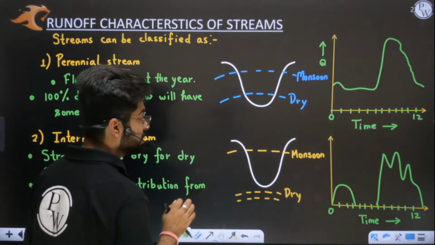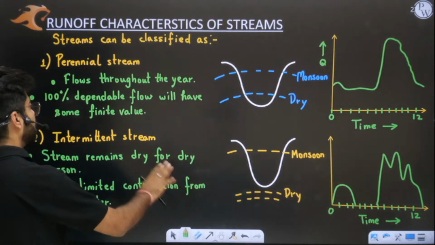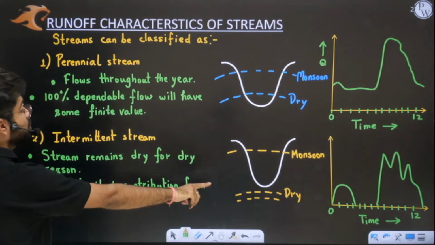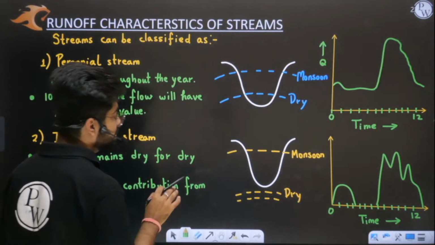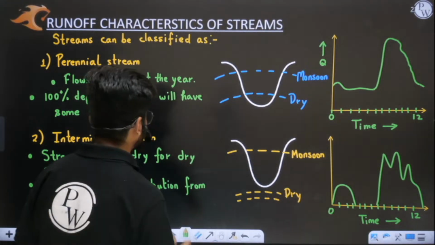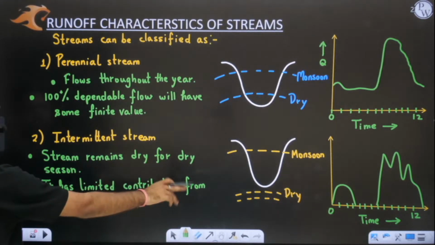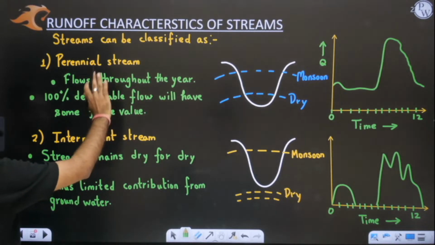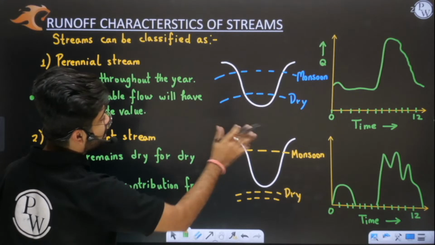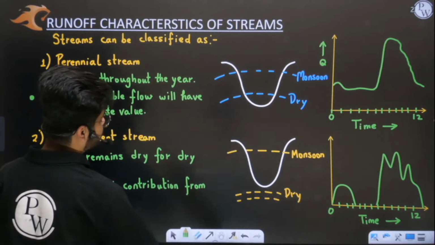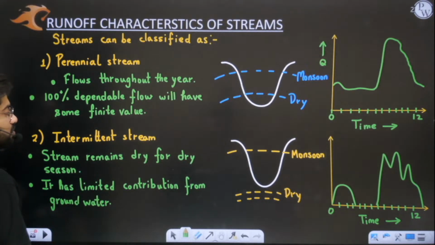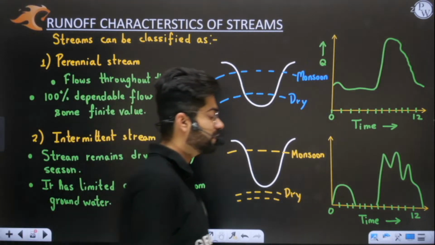So 100% dependable flow will have zero value, because 0 meter cube per second discharge will occur for 100% of the times. It will not have a finite value in this case, but it will in the perennial stream, because there you have certain discharge throughout the year. But here, since you don't have a certain amount of discharge, the dependable flow will give you zero value. I hope this thing is clear.